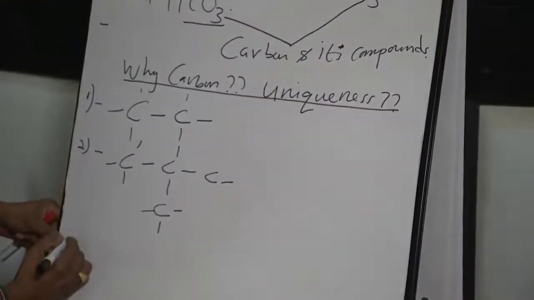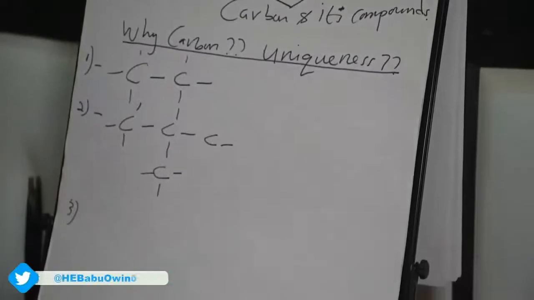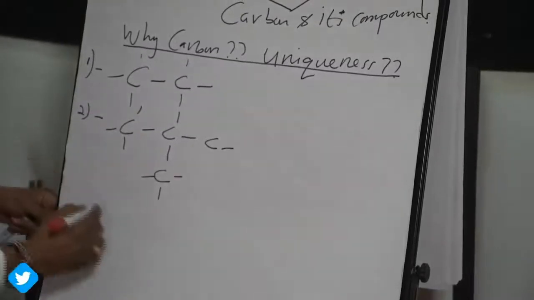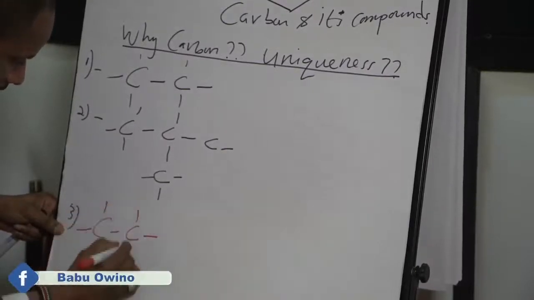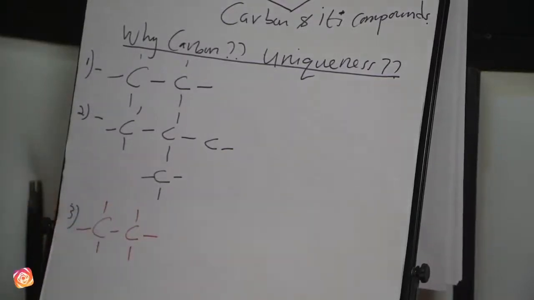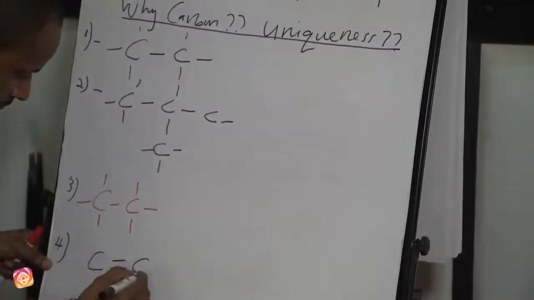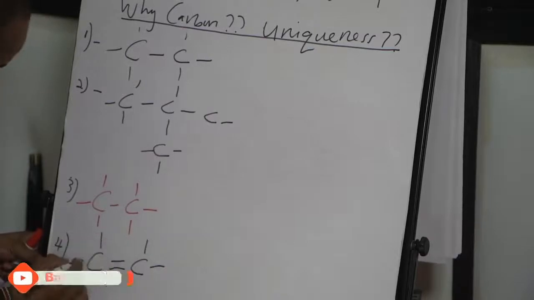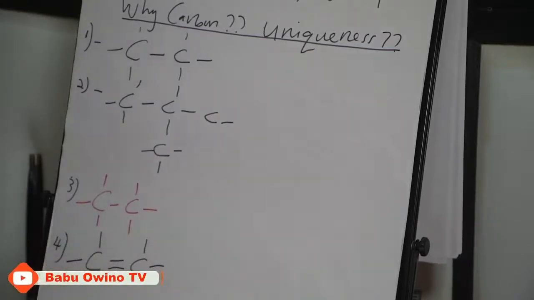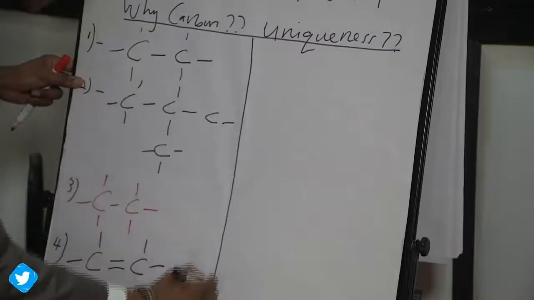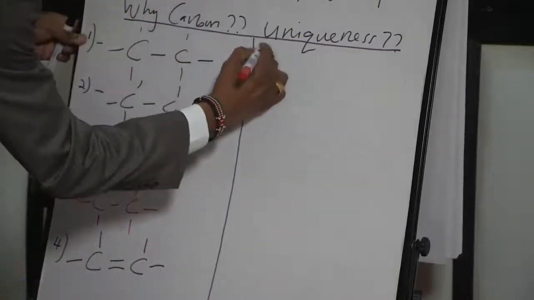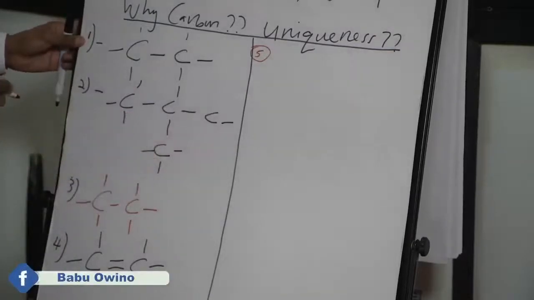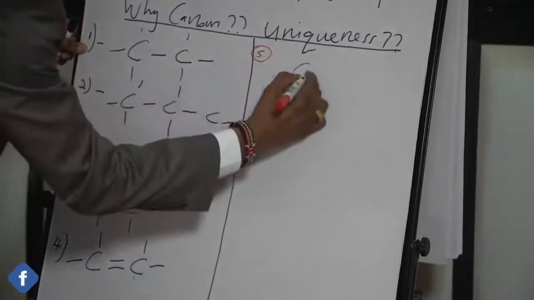Number three, carbon can form single bonds. Number four, carbon can form double bonds. Number five, carbon can form triple bonds.